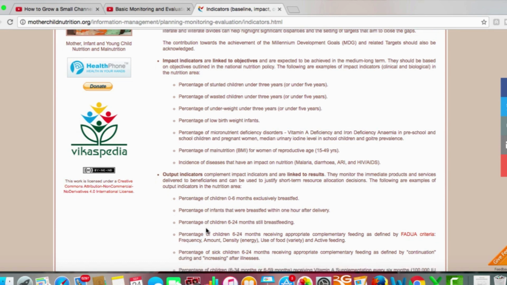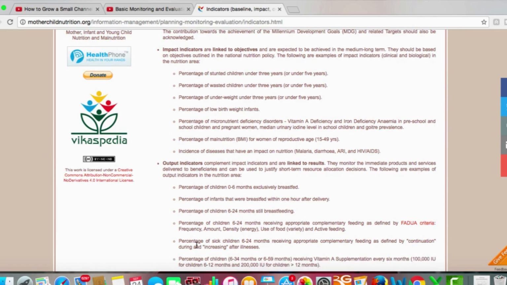Yeah, so these are kind of the examples of indicators when it comes to health. But when it comes to agriculture, for instance, you might find that maybe an indicator would say production of a certain crop, and so on and so forth.